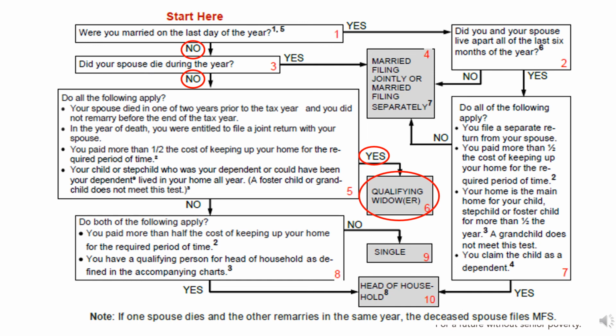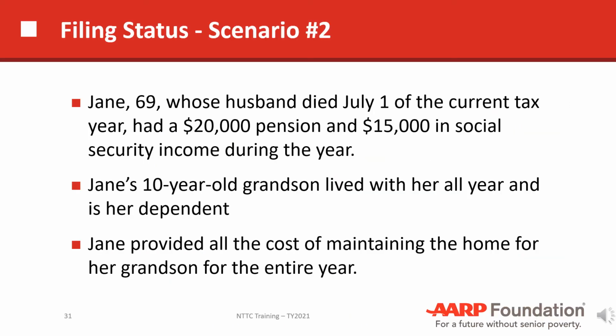A foster child or grandchild does not meet this test. So that's also true. So the answer is yes, and qualifying widow or widower would be the filing status that he could use if the death was in 2019 rather than 2018.